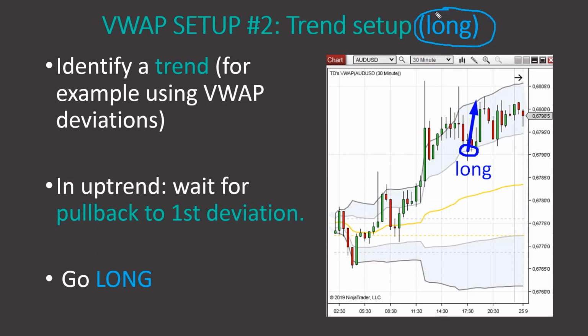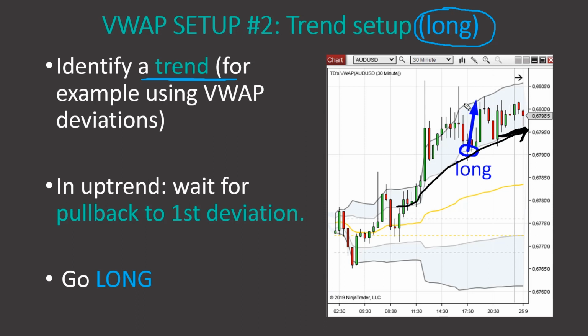It's basically the same, only reversed, so I'm going to go through it more quickly. First thing you want to do is identify a trend. Obviously, you want to identify an uptrend. So if you look at this picture, first deviation moving vertically, moving upwards. This tells you that the price and volumes too are shifting upwards.